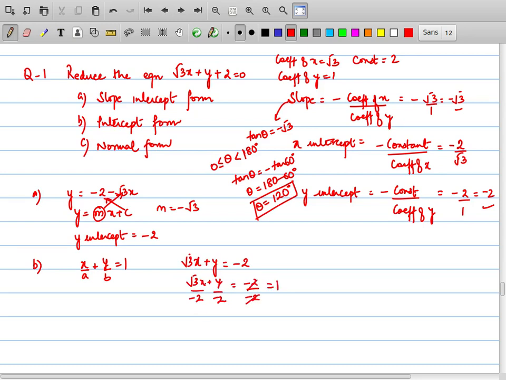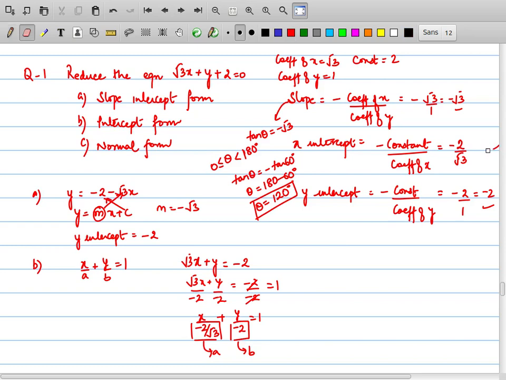Now, we have to make the coefficient of x in numerator as 1, therefore we'll take root 3 in the denominator, and this becomes plus y upon minus 2 equals to 1. Therefore, this is your x-intercept, this is your y-intercept, this is a, this is b, which we have already found out using our formulas.